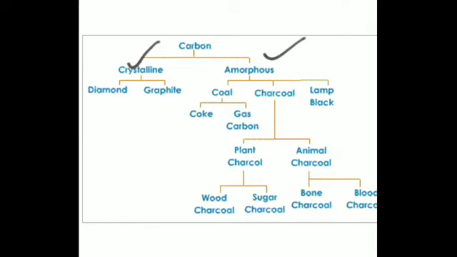In crystalline we have diamond and graphite, and one more, that is fullerene, which we will discuss later on in this chapter. Amorphous includes coal, charcoal, lamp black, and in coal we have coke and gas carbon. These are the two different types of carbon allotropes. So what are the crystalline forms of allotropes?